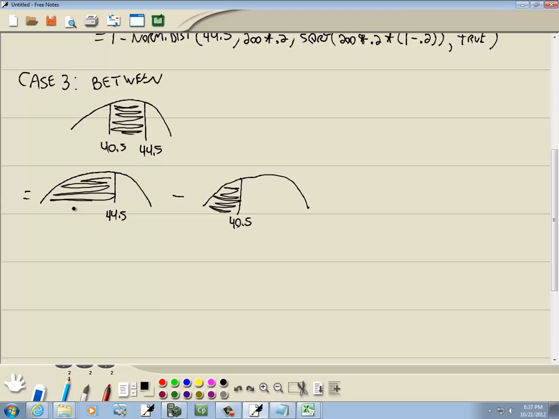If I look at this right here, if I subtract off the area to the left of 40.5, we'll be left with what's in the middle. And now both of these are based upon area to the left, so we're ready to plug them in.